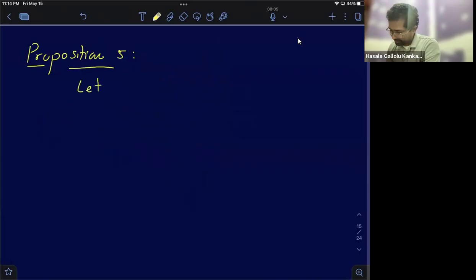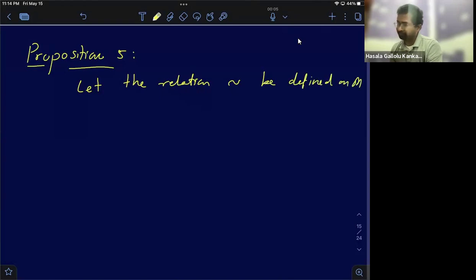Let the relation, I'm going to define a relation, be defined on M. Okay, what is a relation?